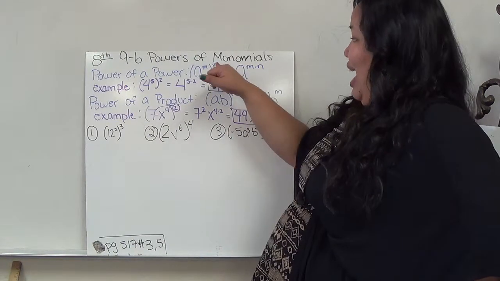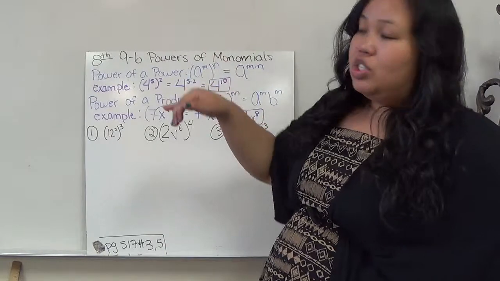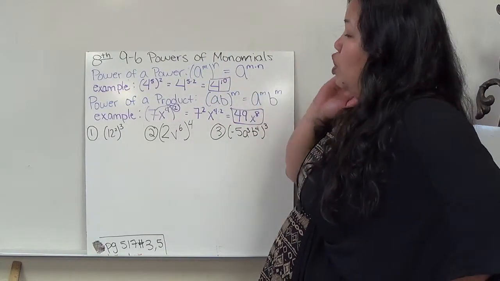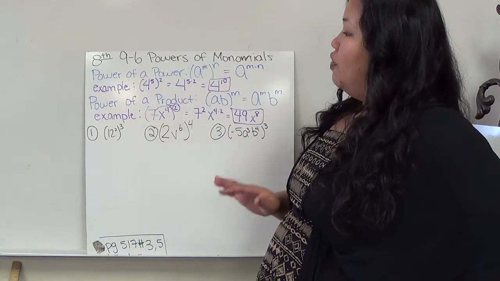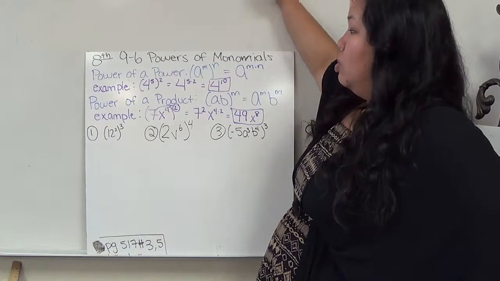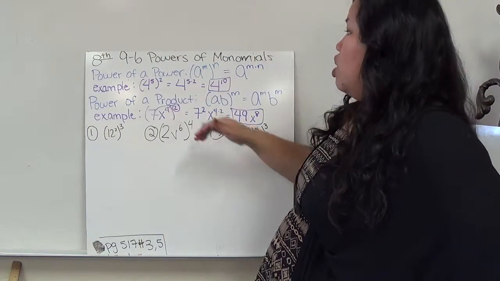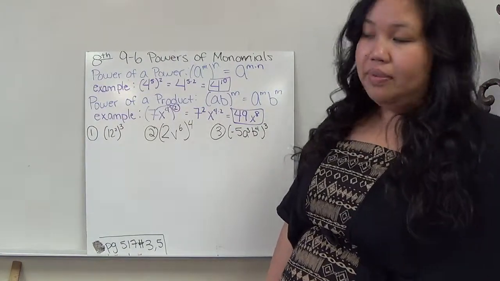Instead of adding, I'm multiplying. This is different from 4 to the 5th times 4 squared. This is 4 to the 5th to the power of 2, so I multiply them together and get 4 to the power of 10.